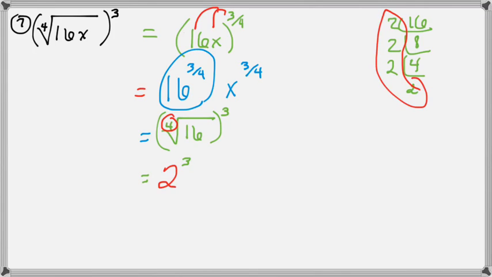Now, let's look at the variable. Can 3/4 be reduced? And the answer is no. Is it a proper fraction? Is the numerator smaller than the denominator? And the answer is yes. So I am going to leave this just as 3/4.